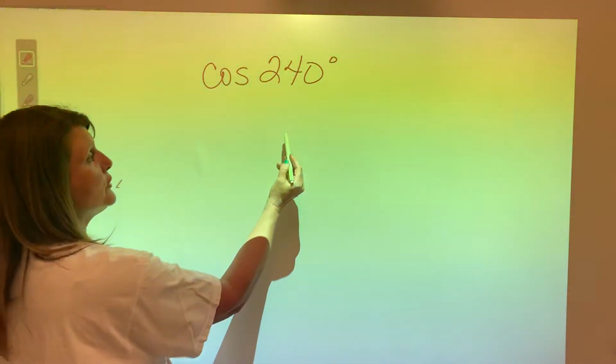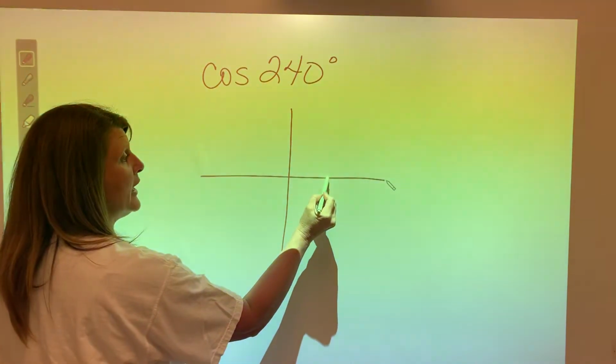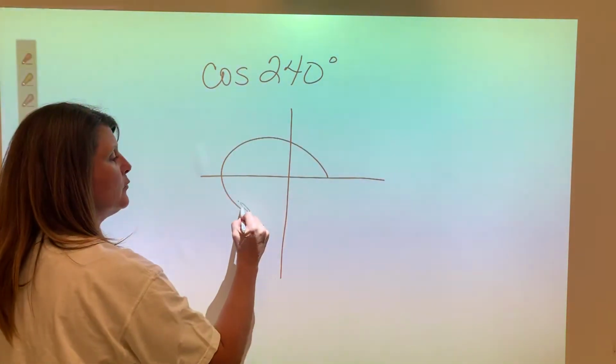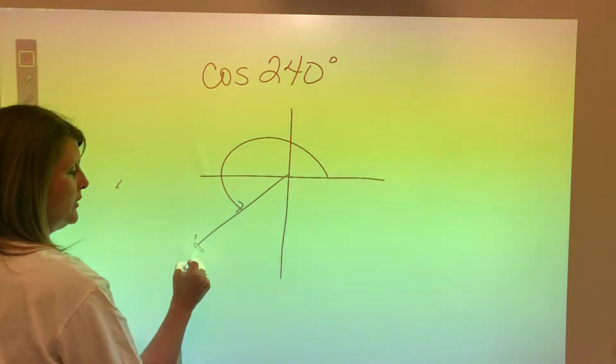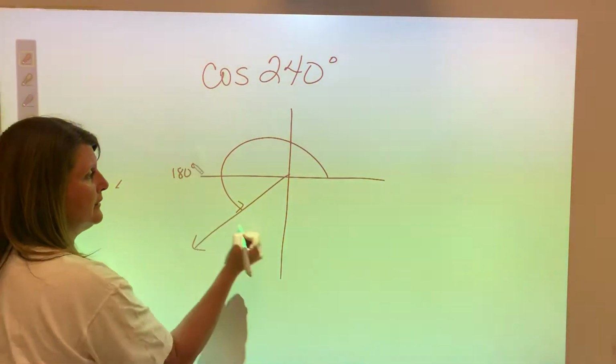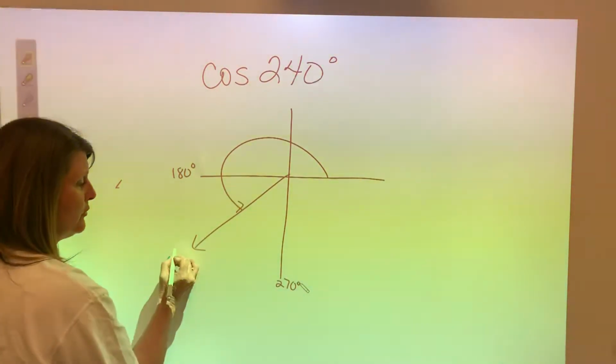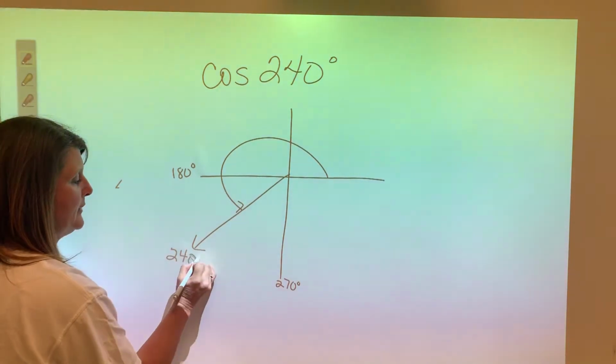So what I'm going to do is draw a 240 degree angle, which is somewhere over here in quadrant 3, because this is 180 and this is 270. So from here to here was 240 degrees.